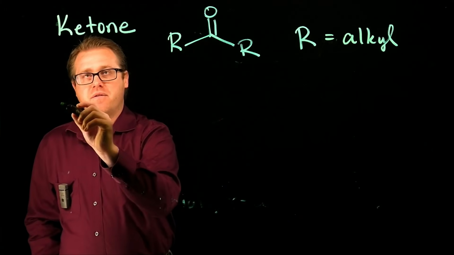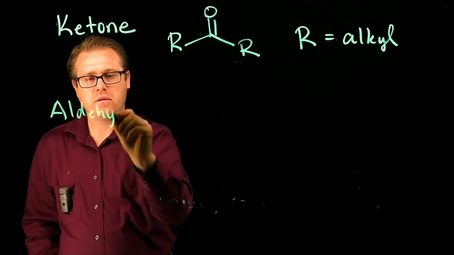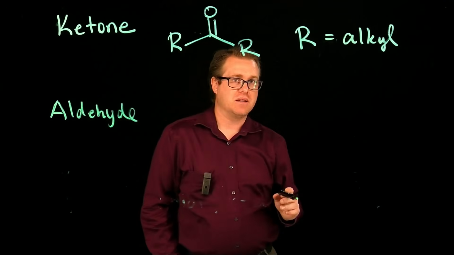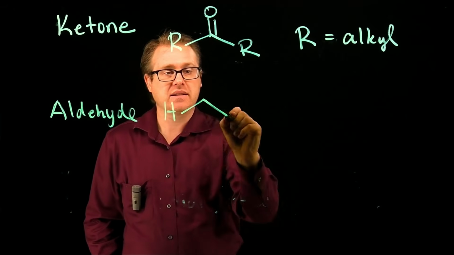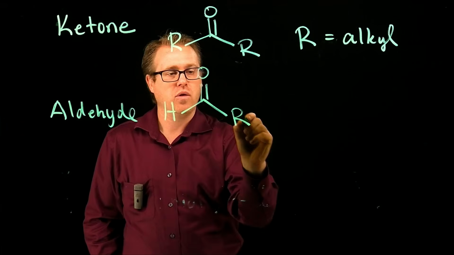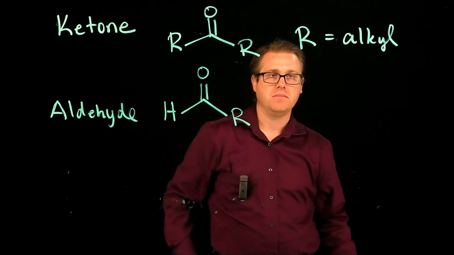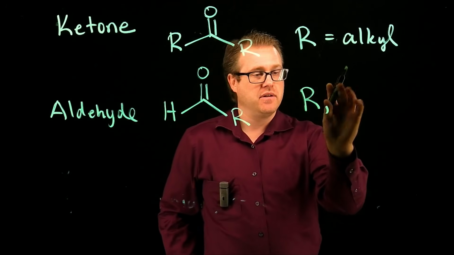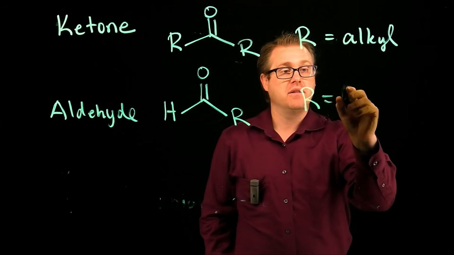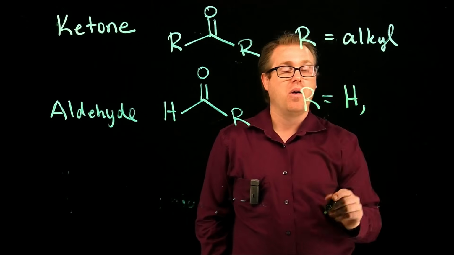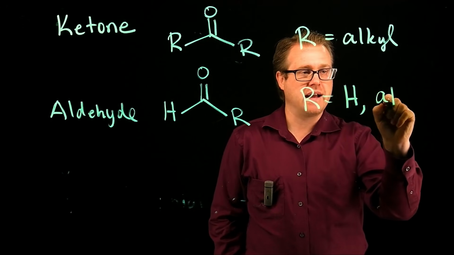And then you have another functional group, which is called an aldehyde. An aldehyde has at least one of these R groups as a hydrogen. So both of the R groups could be hydrogen, or at least one of them has to be hydrogen and the other's alkyl.